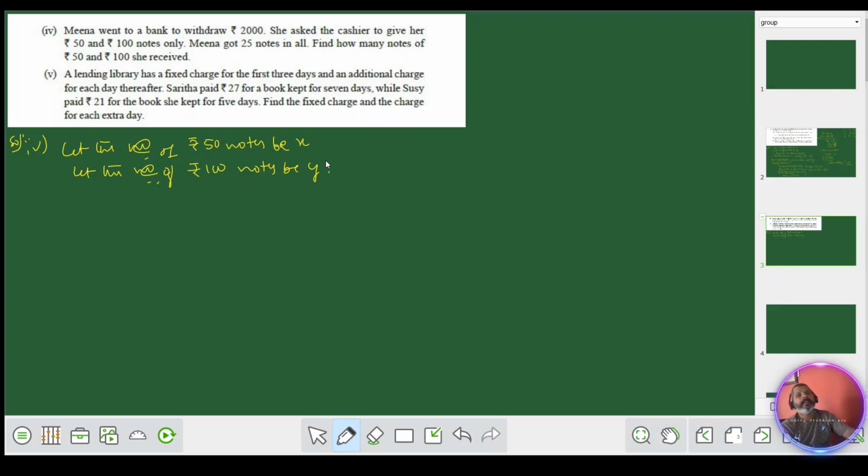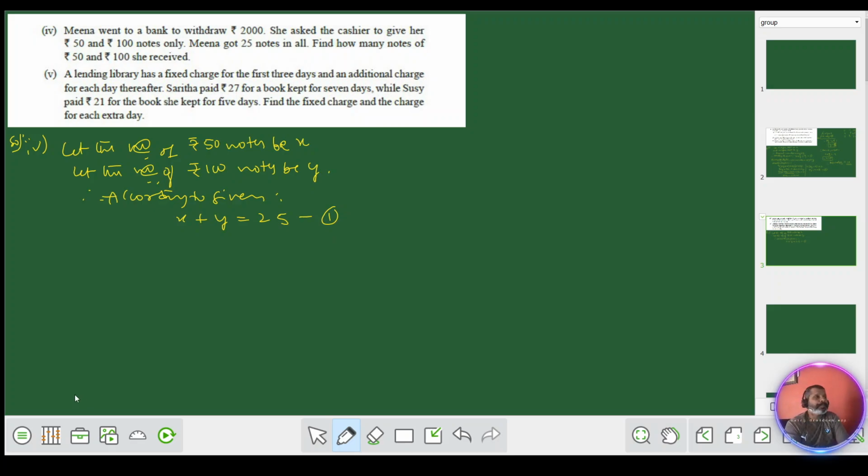Now see the notes count we assumed, x and y, right? How many notes did she get together? 25, right? Therefore, according to what is given, these x and y counts together, if we add, you should get 25, because the count of the notes is 25. Call this the first equation.